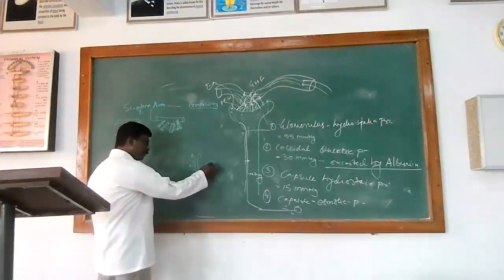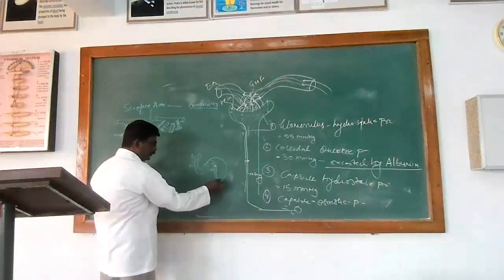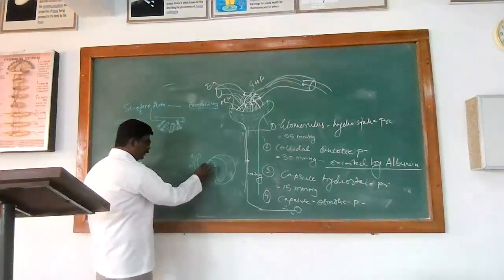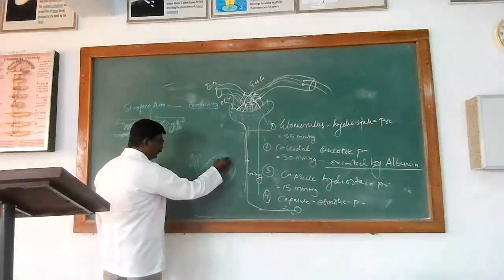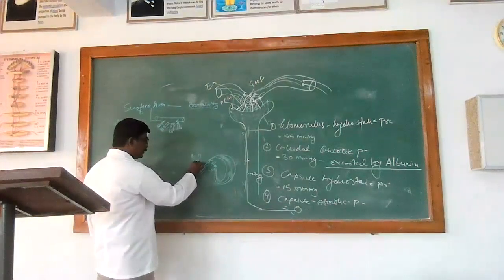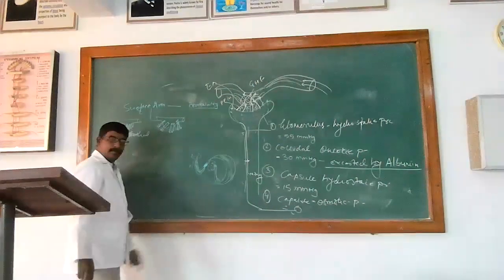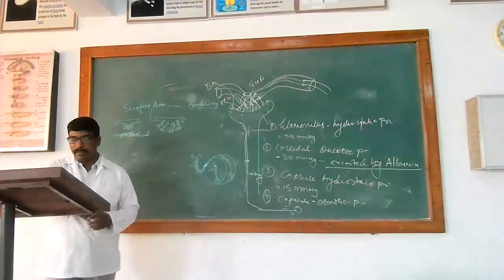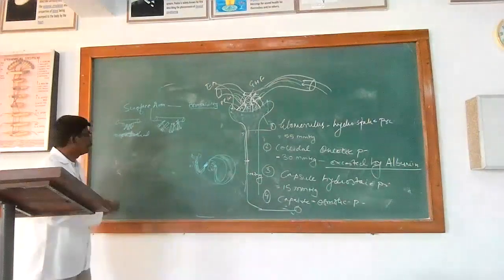When there is a calculus here, the fluid is stuck, and the fluid comes and generates pressure. Right. If there is a calculus in this, the fluid will go in reverse. So this causes an increase in the capsular hydrostatic pressure. This is called hydronephrosis.